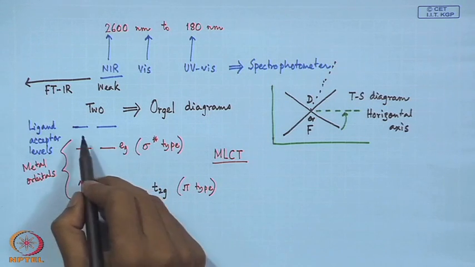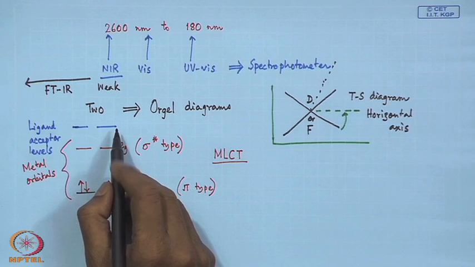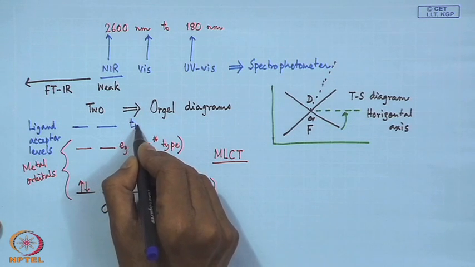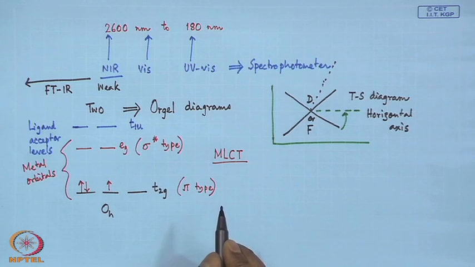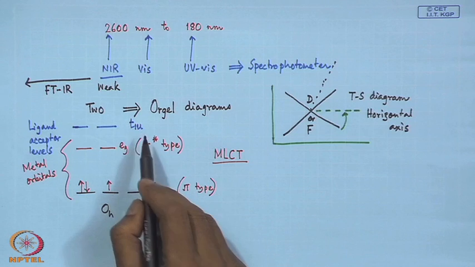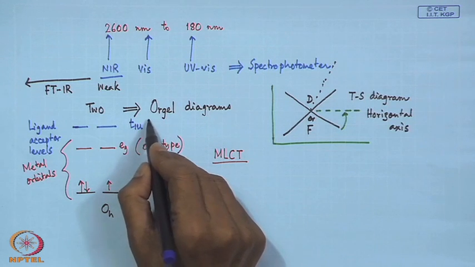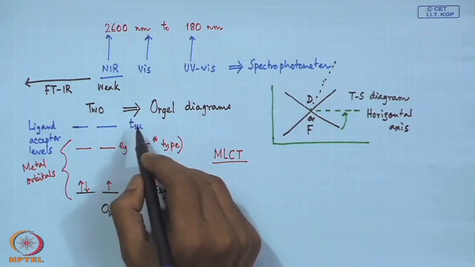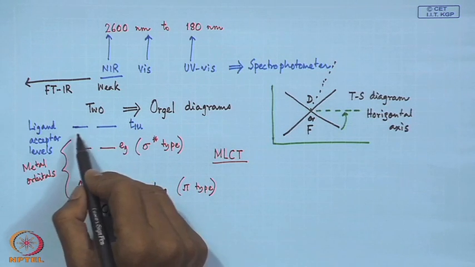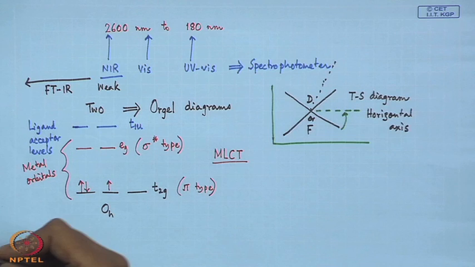They originate from the ligand with T1u symmetry, and these T1u orbitals are the acceptor levels.